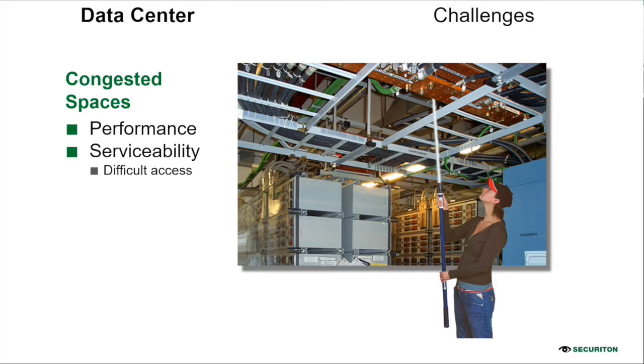Regulations also say that you do not need to place detectors above an open ceiling grid. You can see on the picture as well. In this case, you need to detect smoke on two levels, above and below the congested space. So you have to install the system in two places.